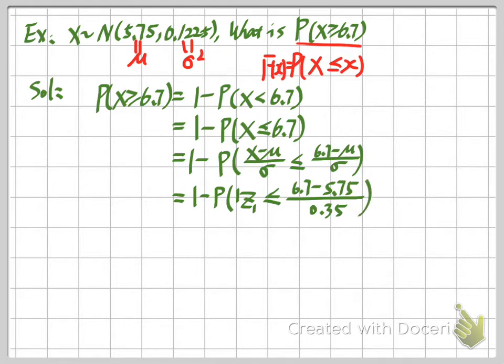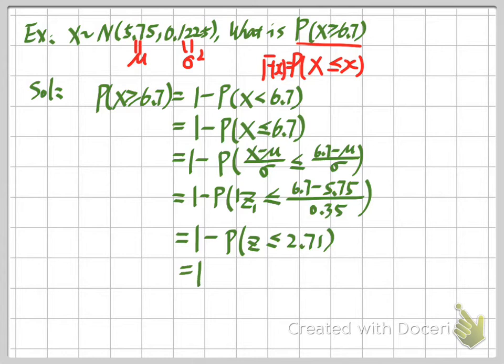Now what we have is the CDF of a standard normal random variable at the value (6.7 minus 5.75) divided by 0.35, which is equal to x smaller or equal to 2.71.